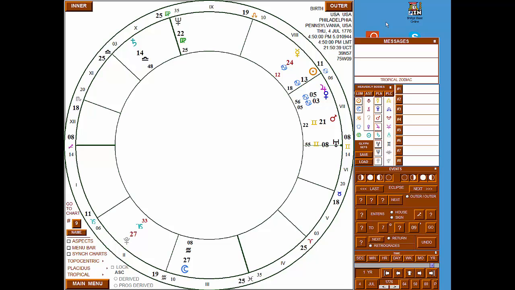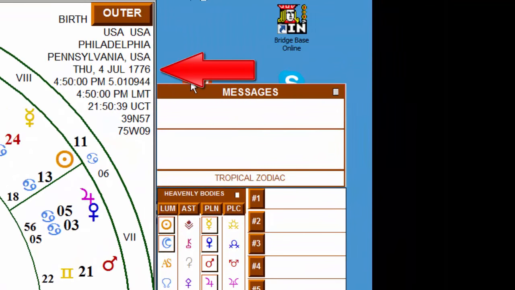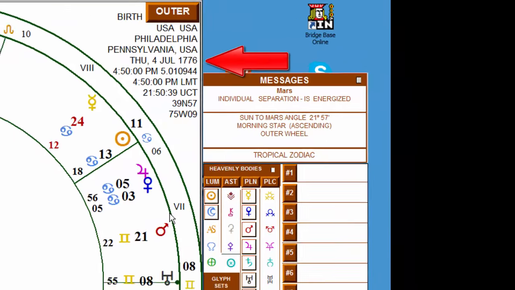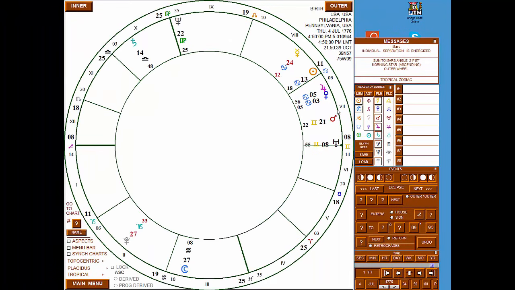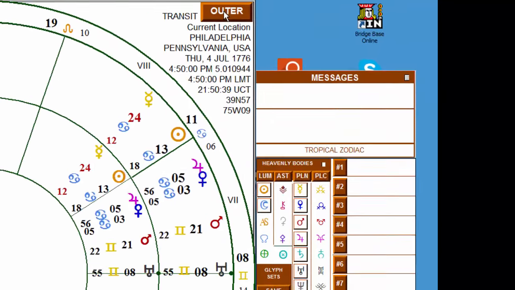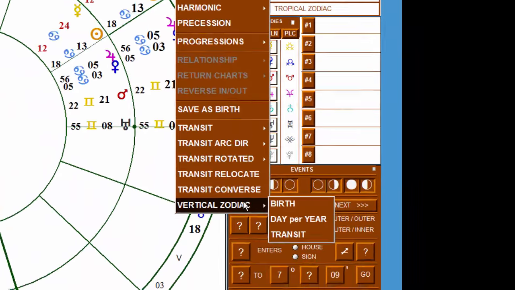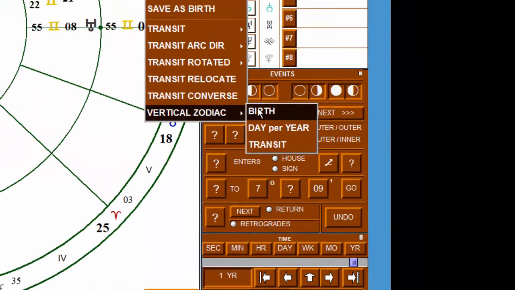It doesn't take long. Here's the chart of the United States, July 4th, 1776, as shown in Intrepid. I will now create a second ring, and I stipulate that that second ring, which is the outer one, shows the vertical zodiac at birth.